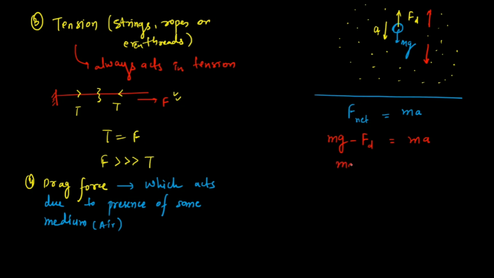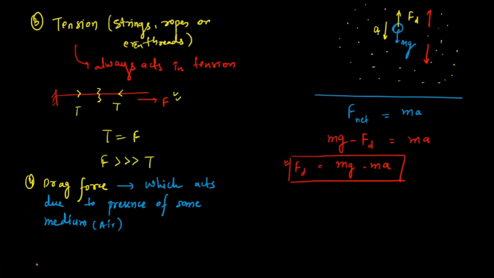So from here, if you have to find fd, mg will go there, ma will come here, and this will give me the drag force. This is the force with which the medium is actually resisting the object's motion. So that is something called drag force.